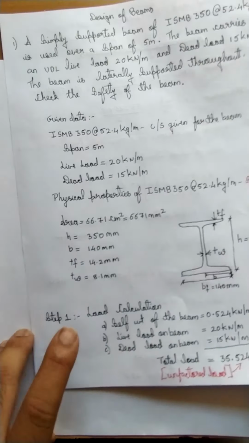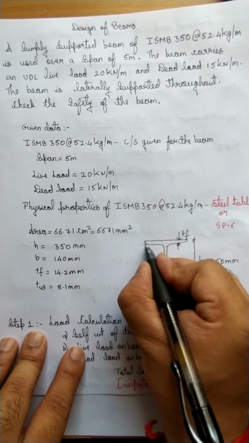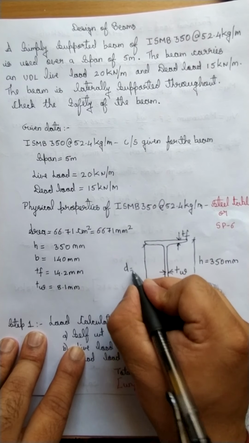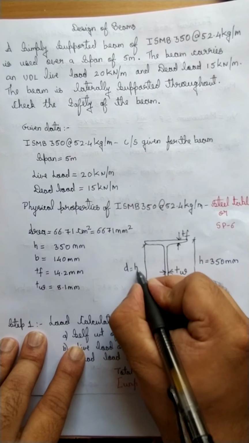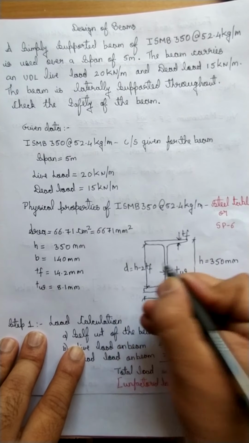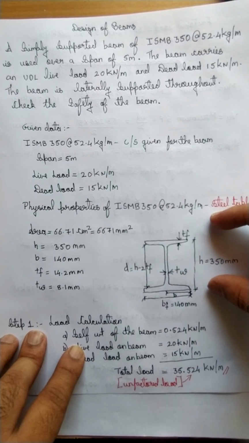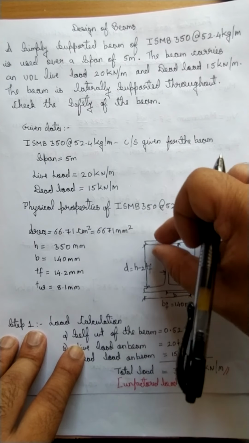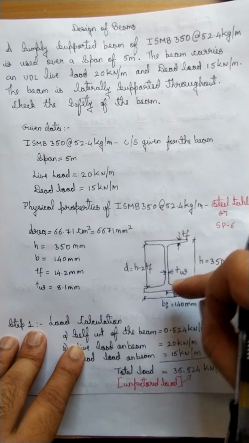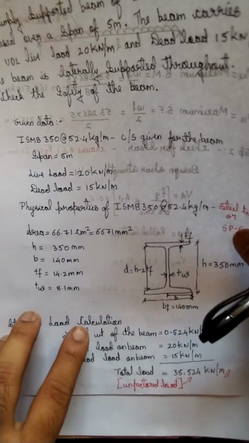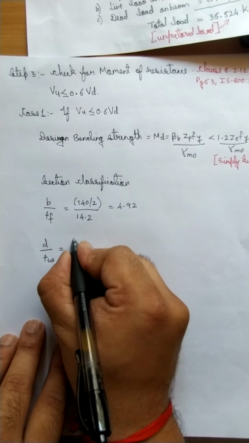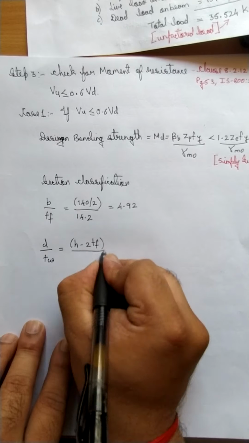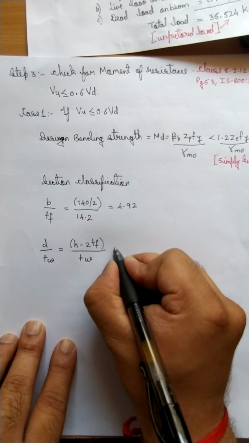Similarly, D by TW. Now what is D? I will just calculate. So D is nothing but this portion. So can I write it as total H minus 2 times the thickness of the flange, because this is total H, I want only this much, so I have to deduct 2 thicknesses of flanges, top and bottom. So I will write the formula as H minus 2TF divided by thickness of web.